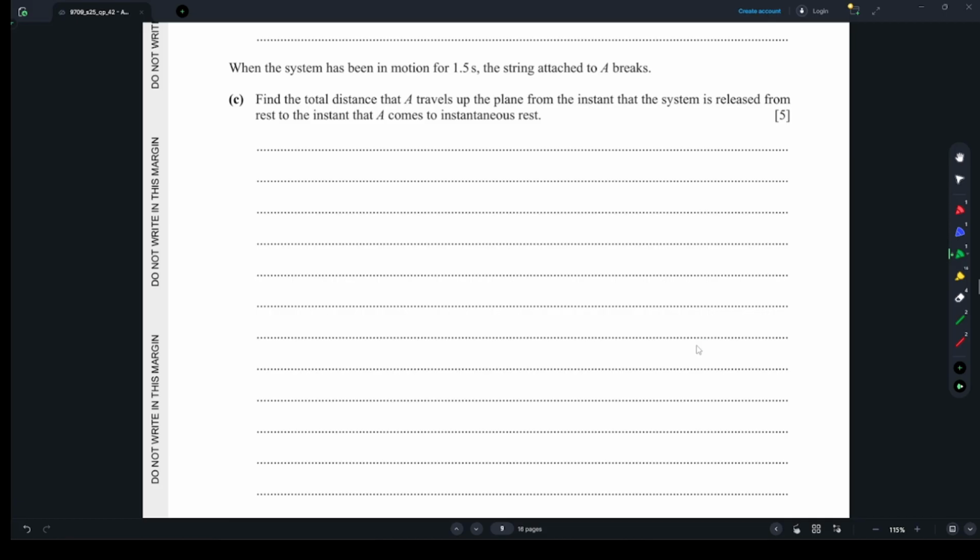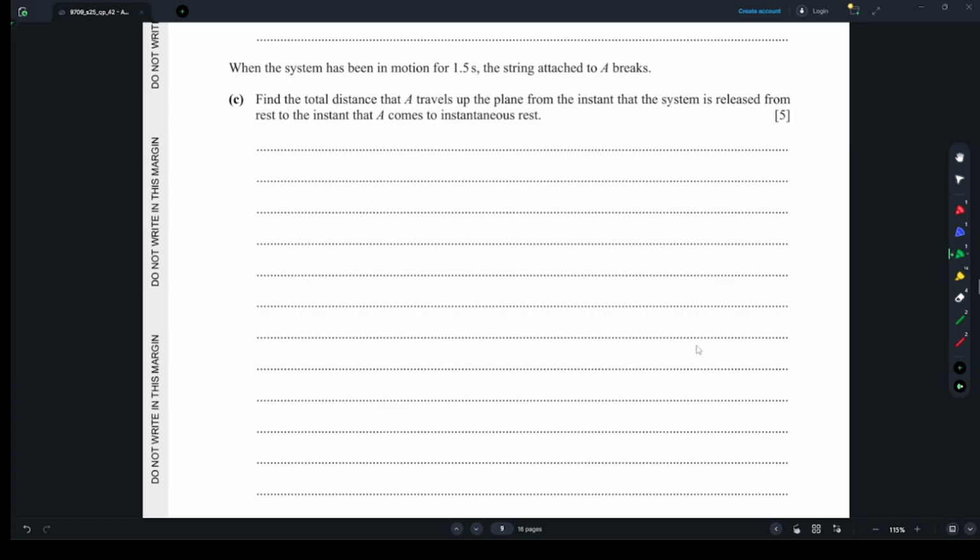this particle A moves 1.5 seconds upwards, with the same acceleration of 2, right? And then after 1.5 seconds, it breaks. So we can first consider the distance traveled by A in the first 1.5 seconds, because at that time the string is not broken.